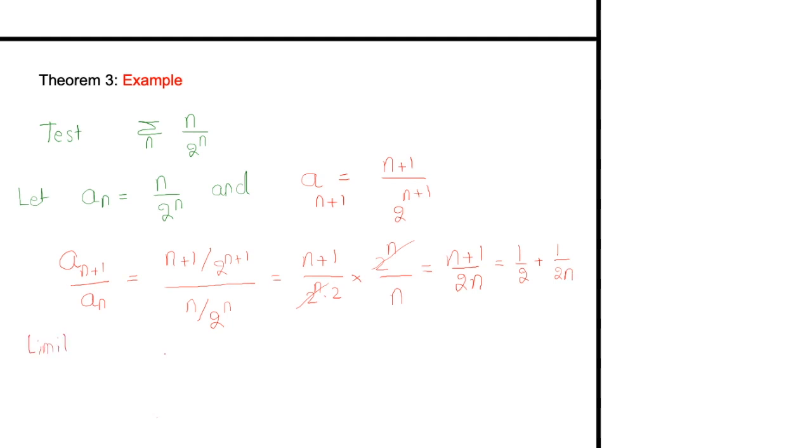Now applying the limit when n is very large, that is 1 by 2 plus 1 by 2n. When n goes to infinity, we will get 1 by 2 and this is less than 1, so the series is convergent.